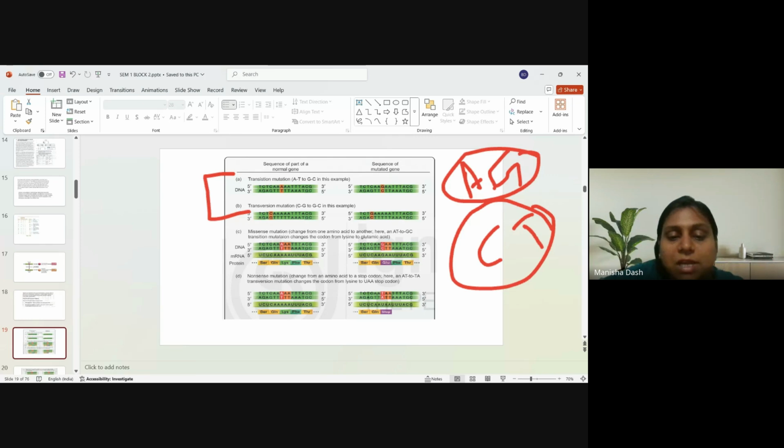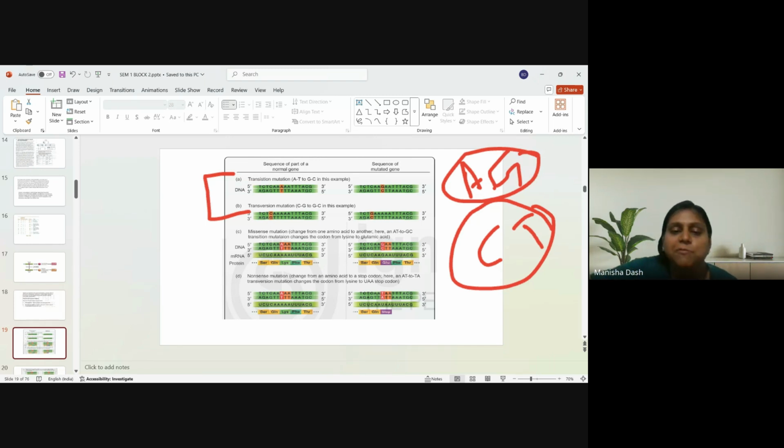When there is any replacement of the bases, like A is replaced by C, or A is replaced by T, G replaced by C, or G is replaced by T, these kinds of mutations are called base substitution mutation. Base substitution could be two types: one is transition, the other is transversion.